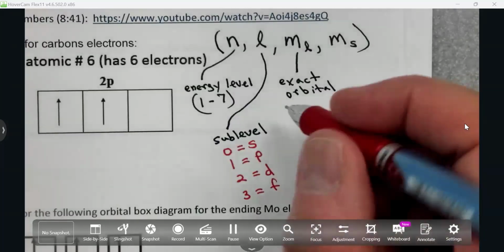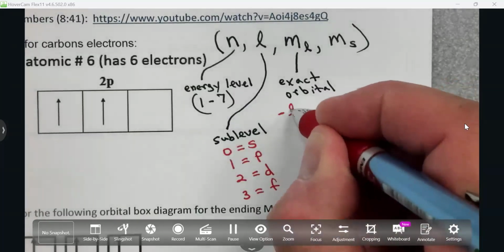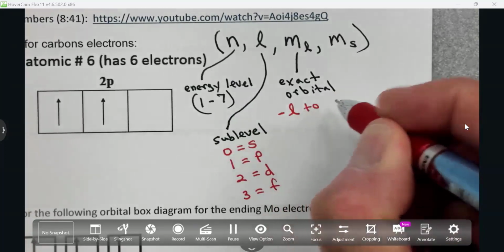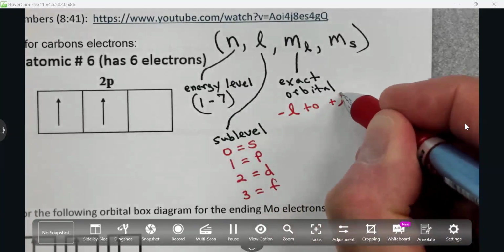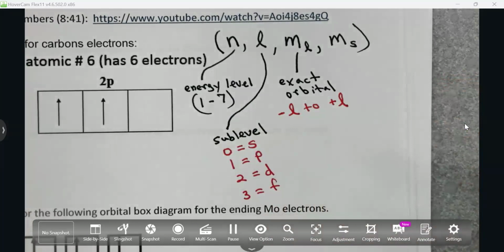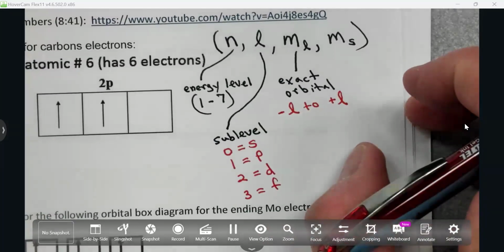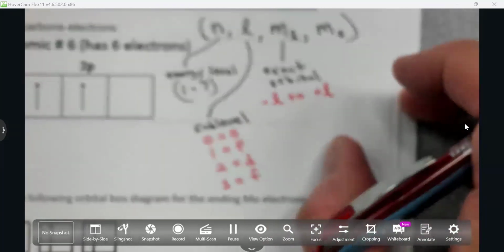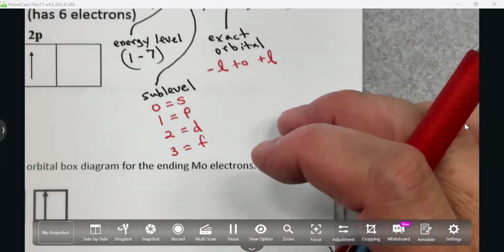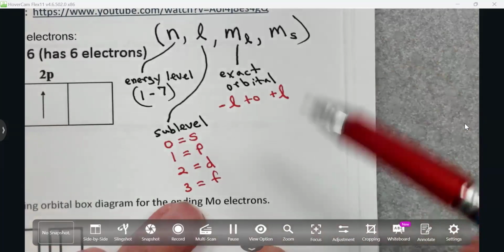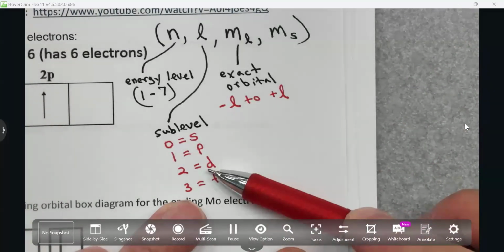These numbers go from minus L to plus L. What the heck does that mean? That means we have to look at the previous number.